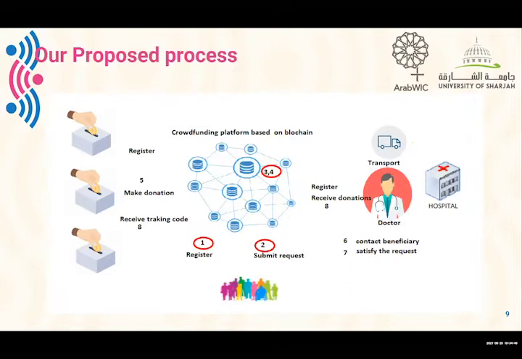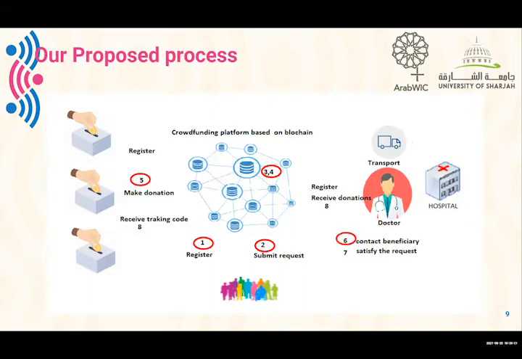First, the validation of his request, when the beneficiary presents all his documents and the codes that he needs to validate his requests, and second, the publication of this request after validation in the platform. Then donors can see this request and can make a donation.